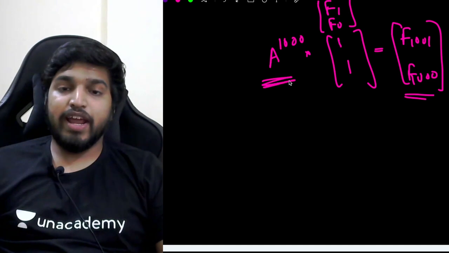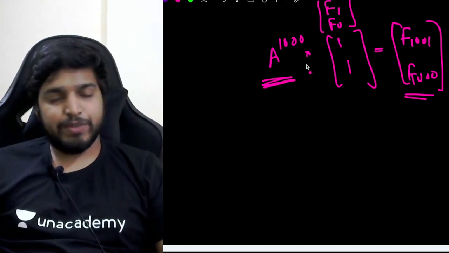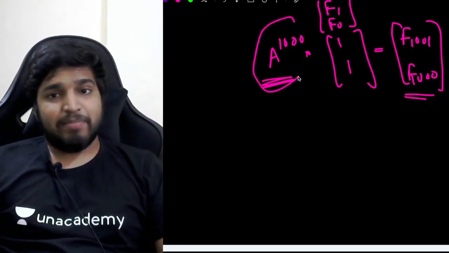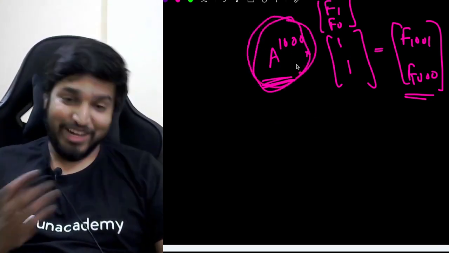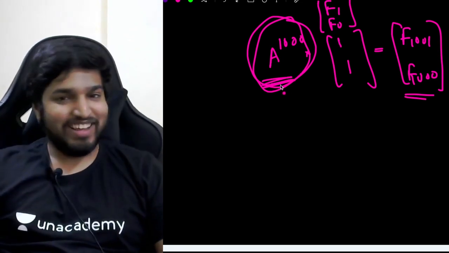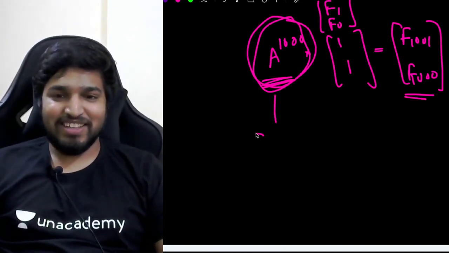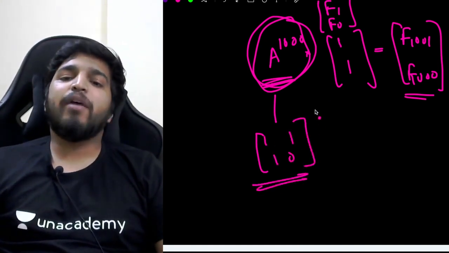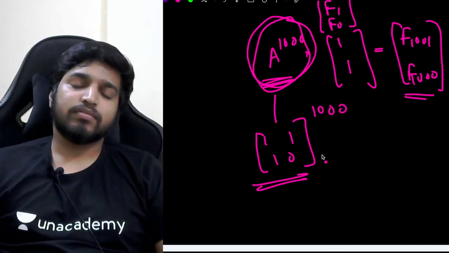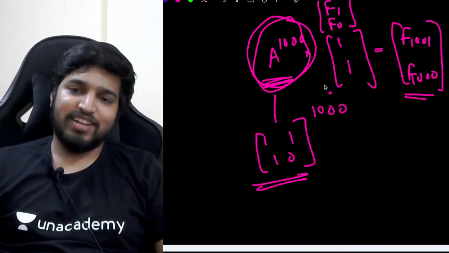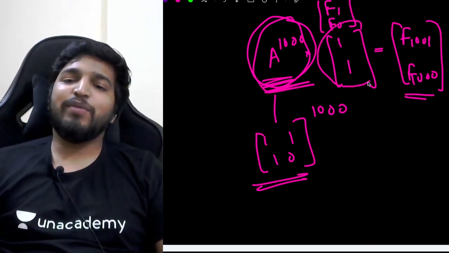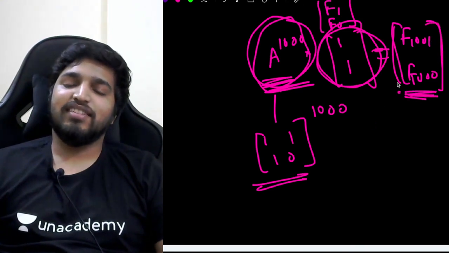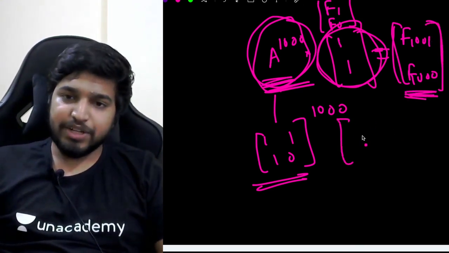Now, how do you calculate A to the power 1000? All of them are 2 by 2 matrices, right? Like A square, A cube. We can calculate this again by binary exponentiation. We already discussed that last topic. If the matrix is 1 1 1 0 and we take a power of 1000 to this, we'll get the new matrix, and then we can apply this on 1 1 and we'll get the nth Fibonacci number directly.